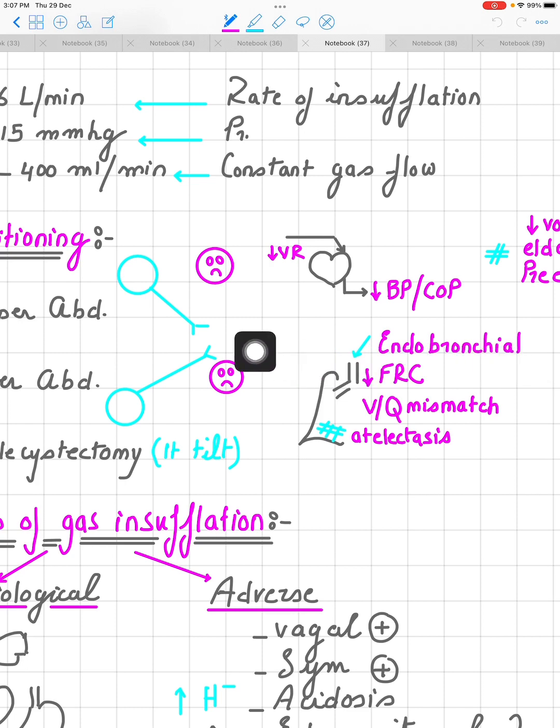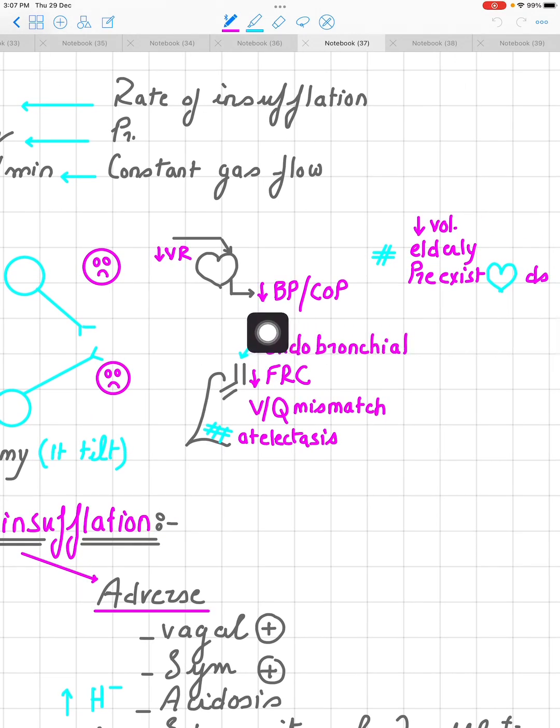As for patients placed head up, they are at increased risk of reduced blood pressure and cardiac output due to decreased venous return. Those most at risk include the hypovolemic patient, the elderly, and patients with pre-existing cardiovascular disease.